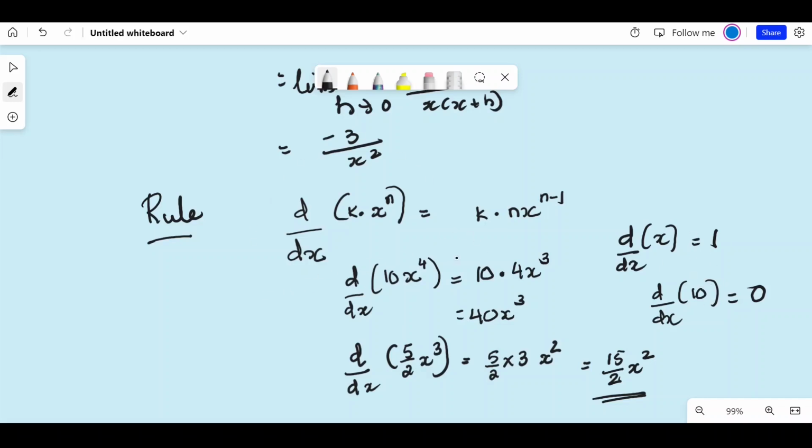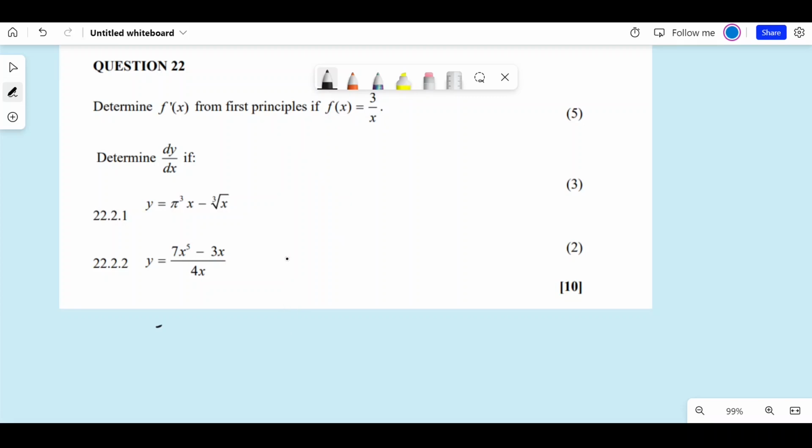Okay, we are going to the second question now. Determine dy over dx if y equals pi cubed x minus the cube root of x. Before I go to this question, let me also mention the roots.